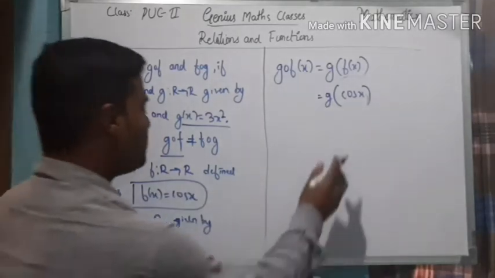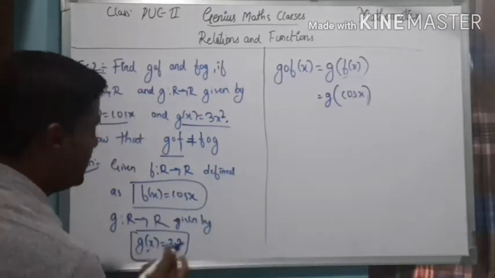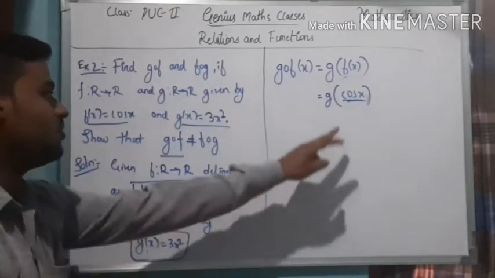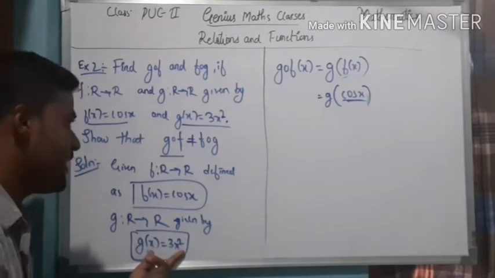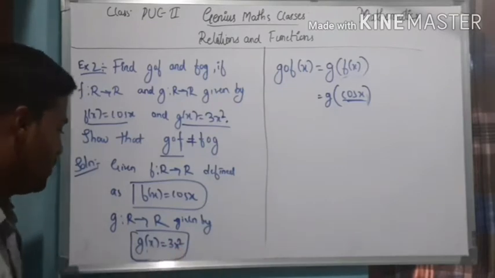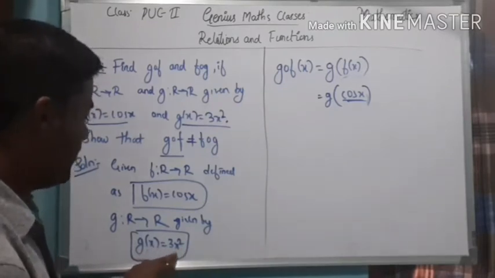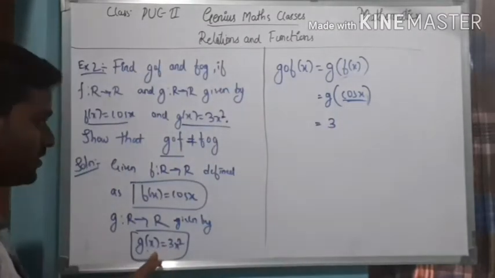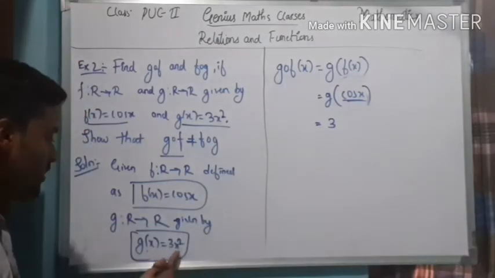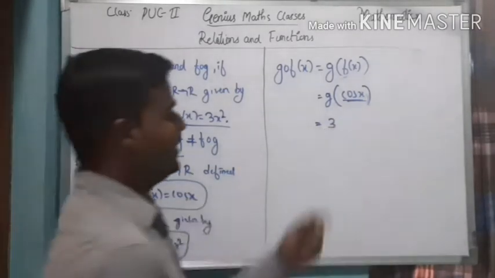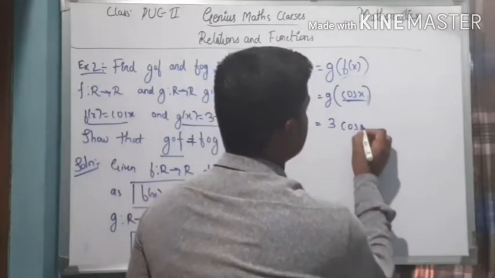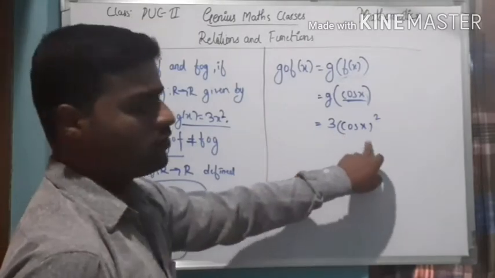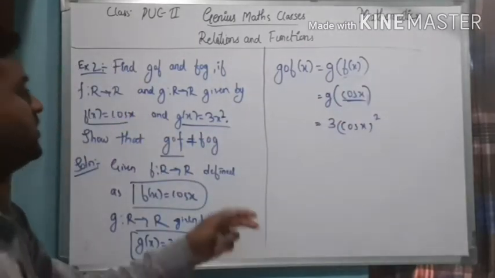In the place of x, there is cos x. Therefore, we need to change x to cos x here. So g of x is 3x square, and in place of x, there is cos x. Therefore, this will become 3 into cos x whole square. This is g∘f of x.